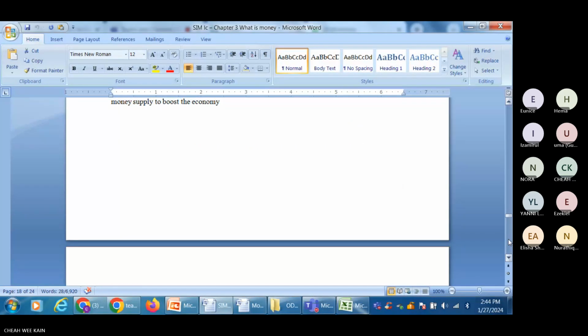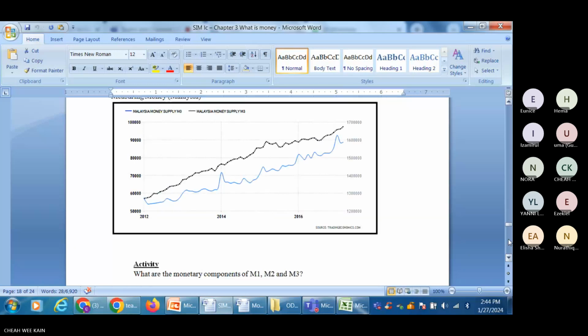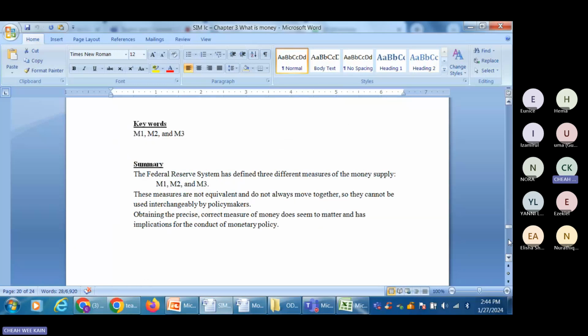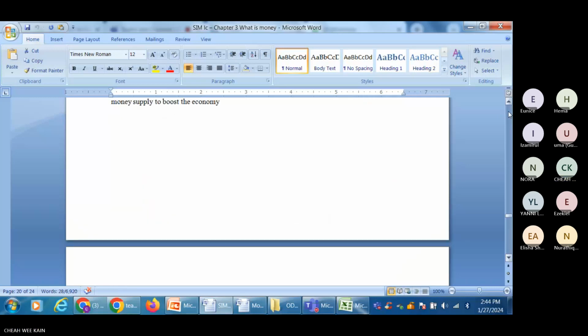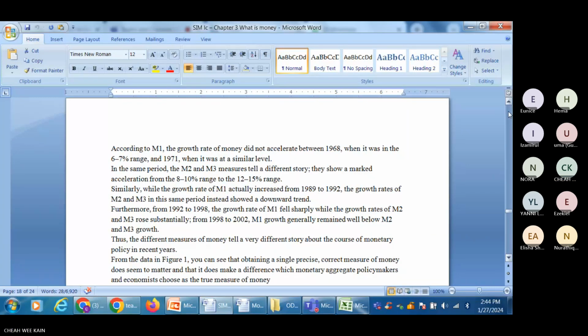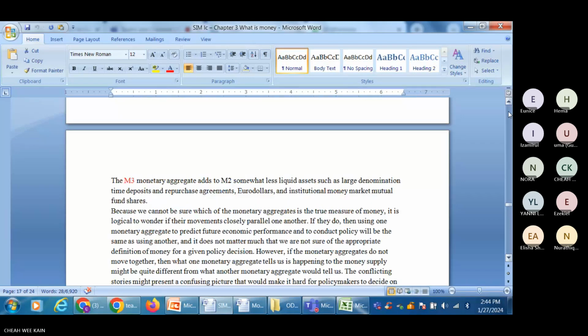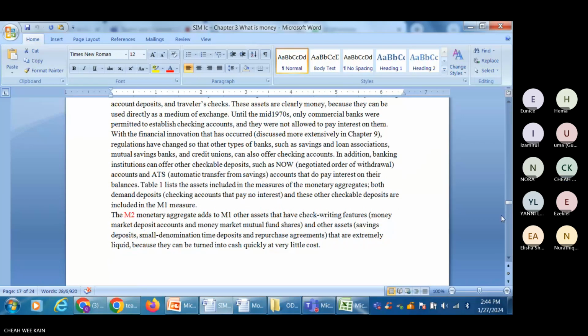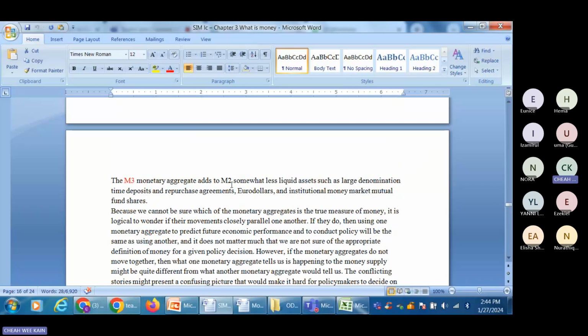Then there's M3 and M4. M3 is inclusive of large denomination time deposits, repo agreements, Eurodollars, institutional money market mutual fund shares.